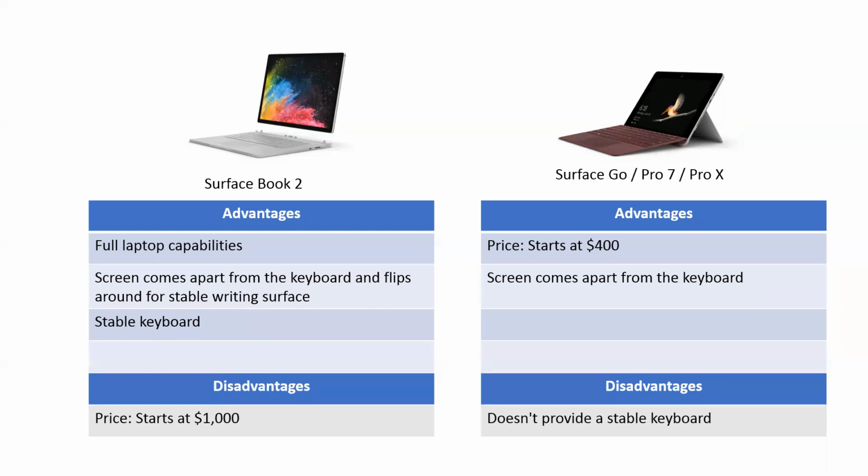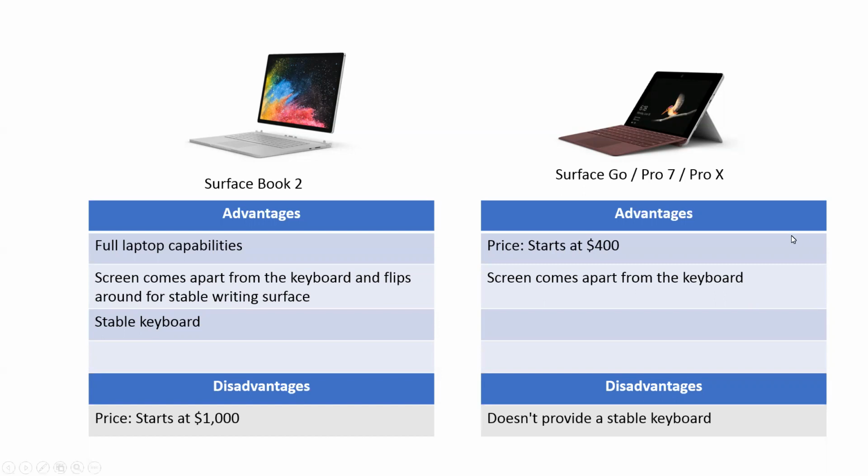What I like, and the reason why I upgraded from the Pro to the Surface, is because this really is a full laptop. It's got several USB connections. You've got a really nice, stable keyboard. One of the things that I disliked about my Pro was that keyboard.